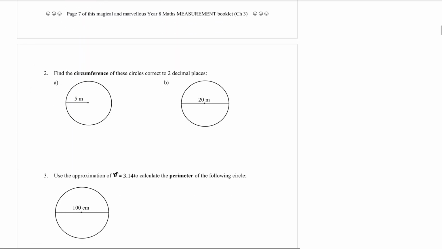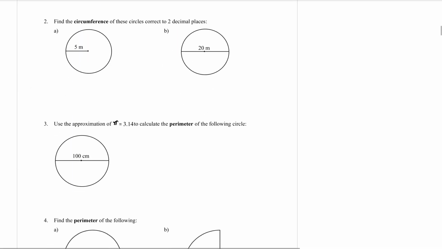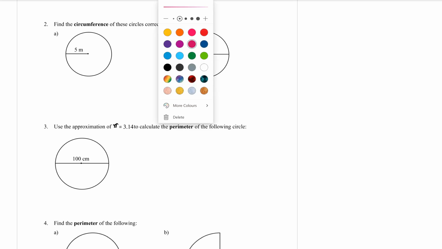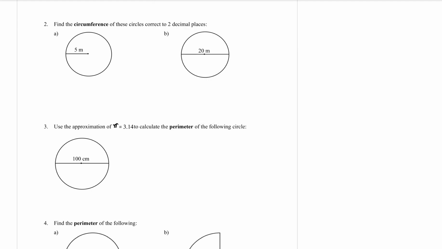Okay, so question number 2, we want to find the circumference of these circles. So part A, I'm given this length here is 5 meters. Now because it's from the center out to the edge, that is the radius, which means I want to use the radius formula, which was C equals 2 pi r.